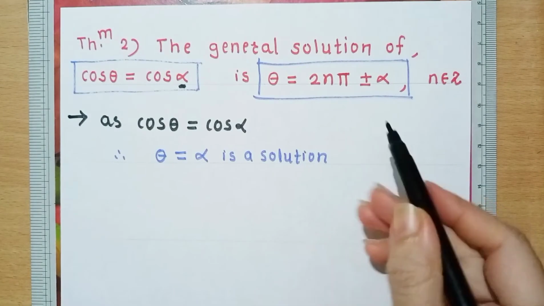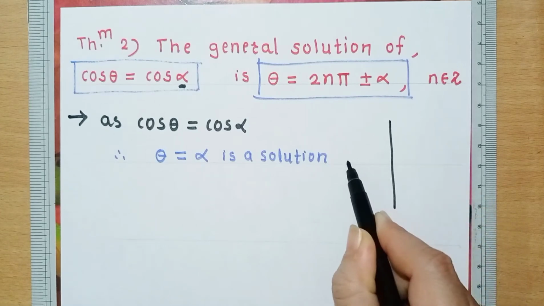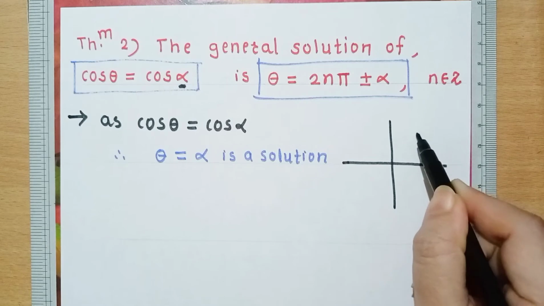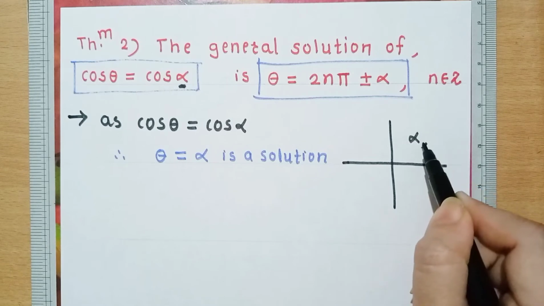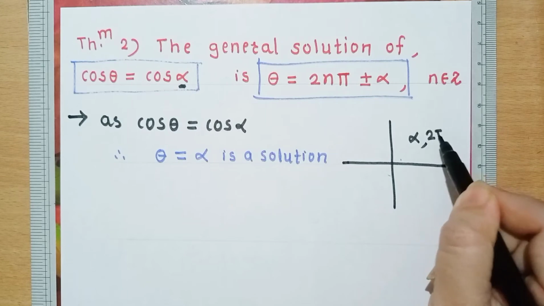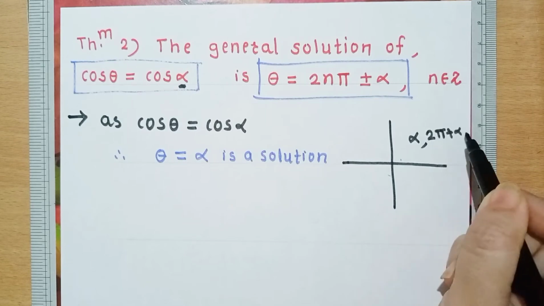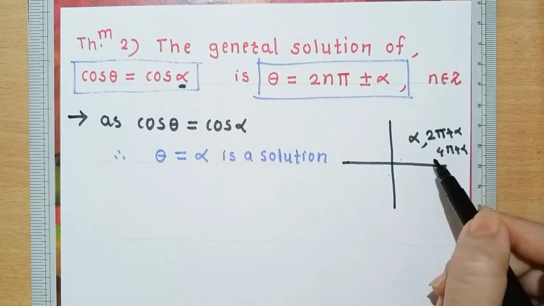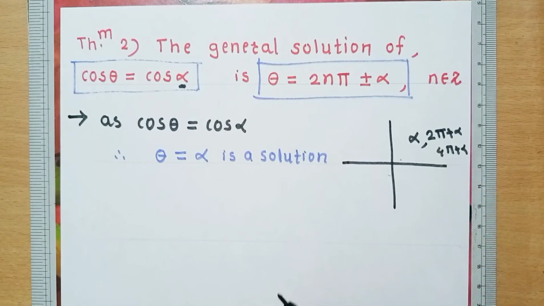And again the same concept we used above: in the first quadrant, suppose this is the first solution alpha, then after one complete rotation the same solution will be 2 pi plus alpha, then 4 pi plus alpha, and so on, and therefore their cosines are also equal.